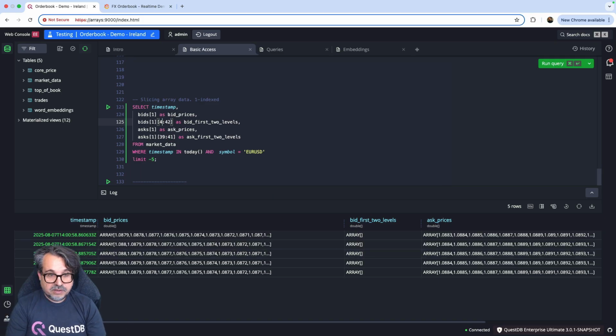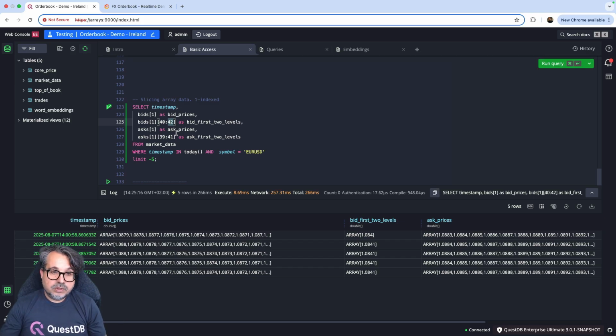If I start at position 40 and go up to position 42, you never get an error. What you get is just the positions for which you have values. So just the latest position, because in this case I have only 40 labels for each array. Does it make sense so far?